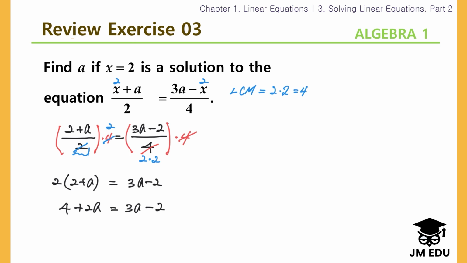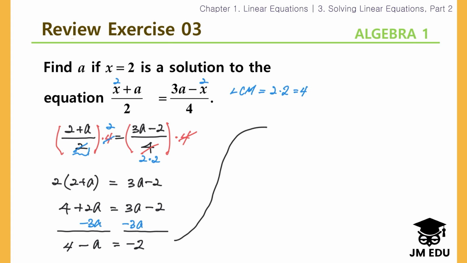So let's eliminate 3a on the right hand side. Subtract 3a, subtract 3a. So left hand side will be 4, 2a minus 3a, that's minus a, right? Right hand side is equal to negative 2. We're almost done here. So we have 4 minus a is equal to negative 2, right?